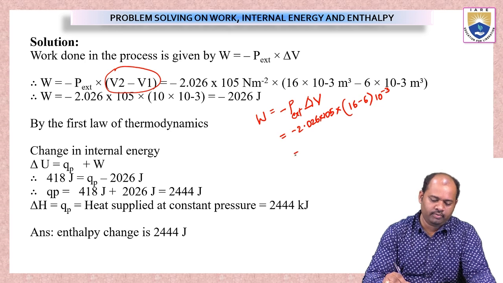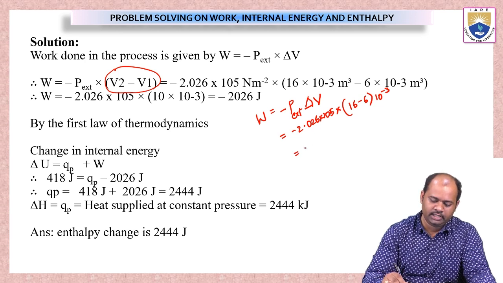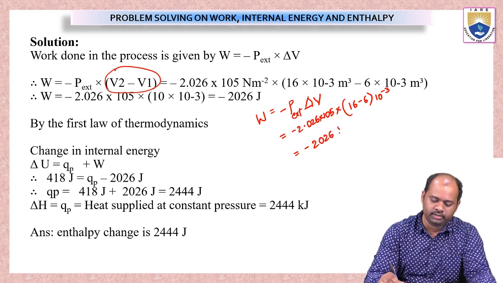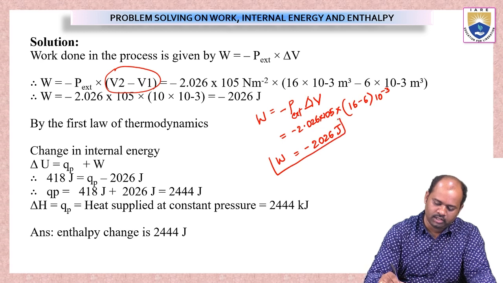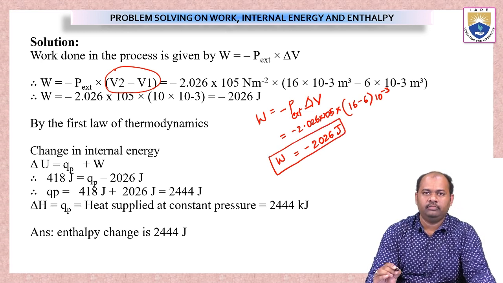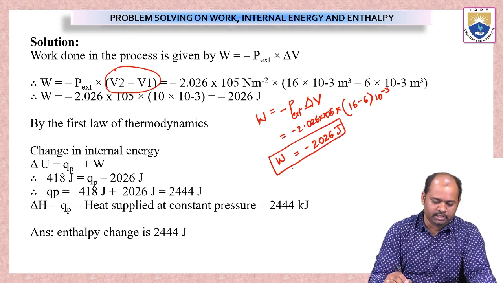So after calculating this whole value, we will get minus 2026 joules. So this is the work done by the system on the surroundings. Okay, so work done by the system.